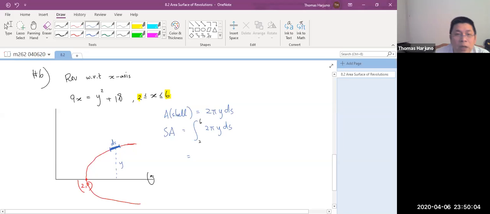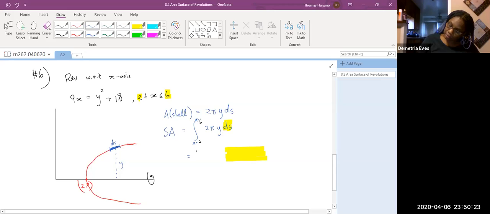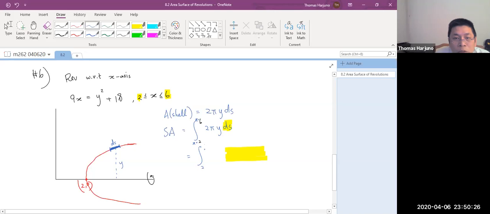Okay, but because my interval is from 2 to 6 for x's, that's for x. Then I need to change this ds here into something dx. Integral from 2 to 6 of 2 pi y square root of 1 plus dy dx being squared dx.